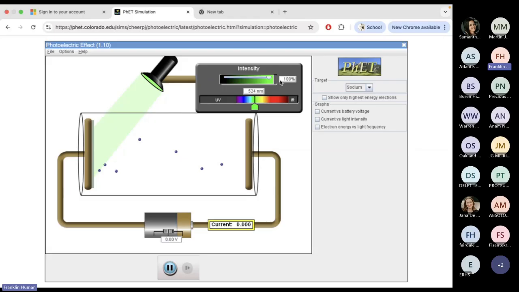And I can crank up the intensity all the way up to 100%, meaning that more electrons are now emitted, but the electrons are not moving any faster than they do if there are only a few of them, right? However, remember what I said earlier, if we change the different types of metals, we do see different speeds at which electrons are emitted.